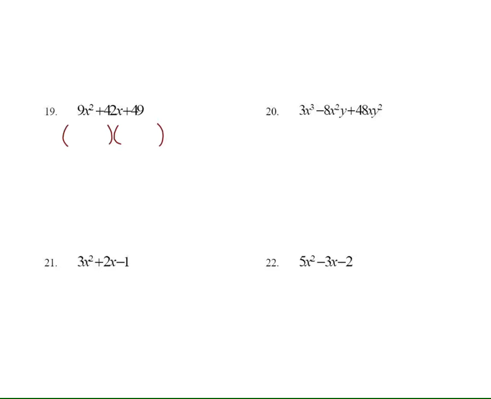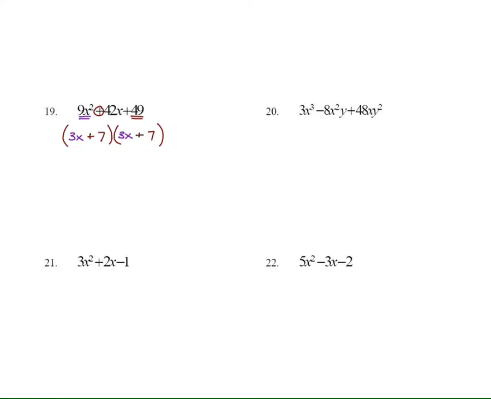Here's what I mean. If you look at the first term, 9x squared is a perfect square, and 49 is a perfect square. If I think about making 9x squared, the combination that would work would be the square root of 9, which is 3, and the square root of x squared is x, so 3x and 3x. And then what multiplies to be 49 would be 7 and 7.